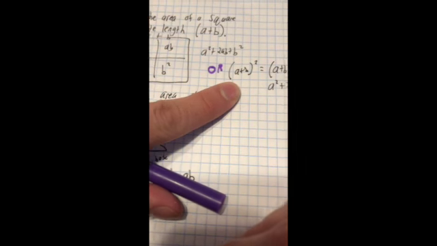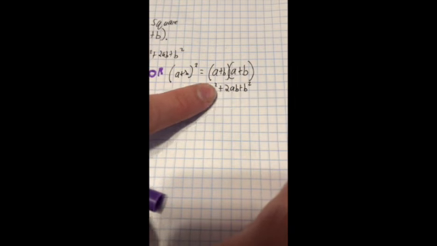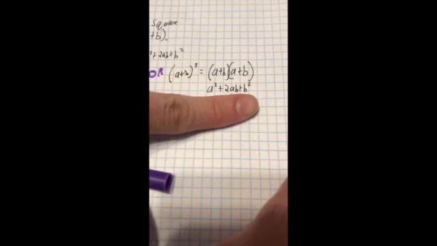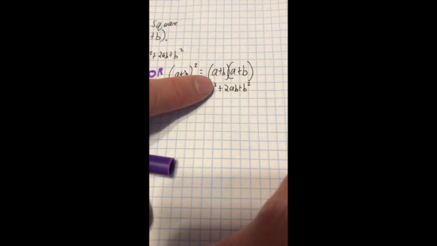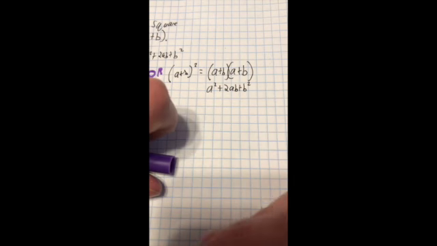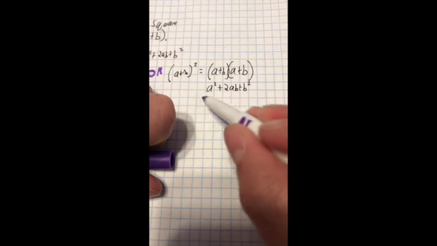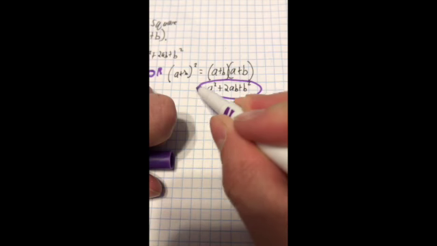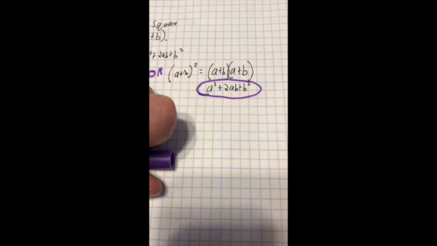So distributing twice, a plus b squared turns into a plus b times a plus b. And then just distributing that a, and then distributing that b. And already combining like terms, I get this as my result. So that's my area of my square with a side length a plus b.